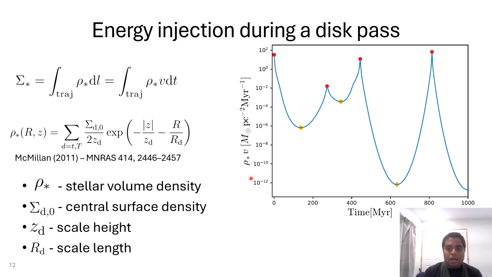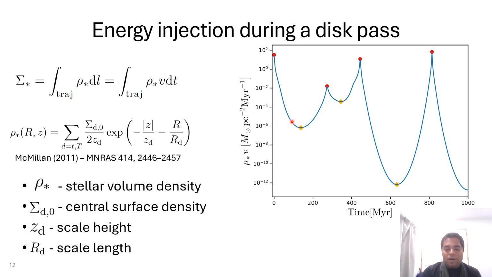Here I have a sample orbit in the graph where time is along the horizontal axis and the integrand rho star v is along the vertical axis. The circular red markers are the local maxima, and these are the instants of time when the mini-halo crosses the stellar disk.